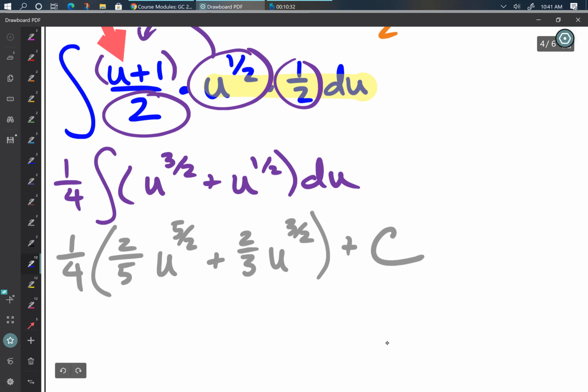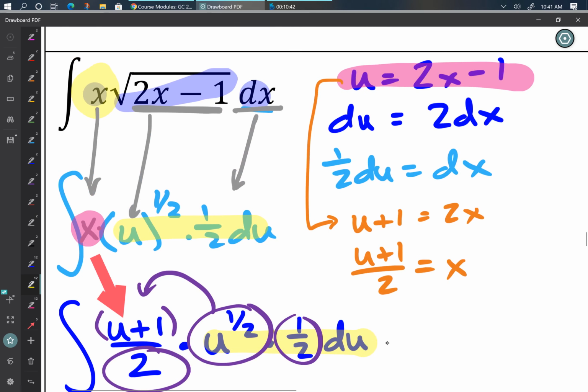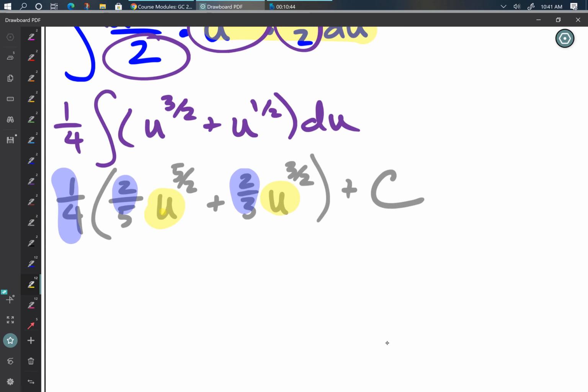Two things are still wrong with this. I need to deal with multiplying that coefficient in, and I need to deal with replacing u's with what u stood for. And what did u stand for again? Oh yeah, way up at the top there is 2x minus 1.